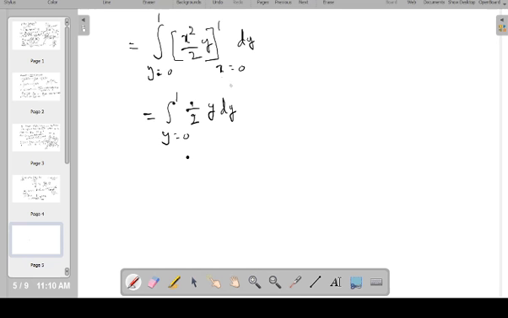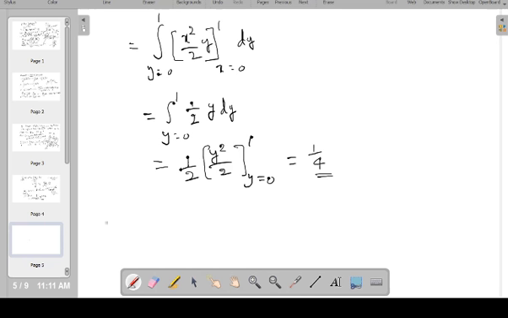So you will get 1 by 2 minus 0, namely 1 by 2. So this is equal to 1 by 2 into y square by 2 between the limits y equal to 0 to 1. So what you will get? 1 by 4 into 1 minus 0. That means 1 by 4. So this is the value of the integral over the side A.